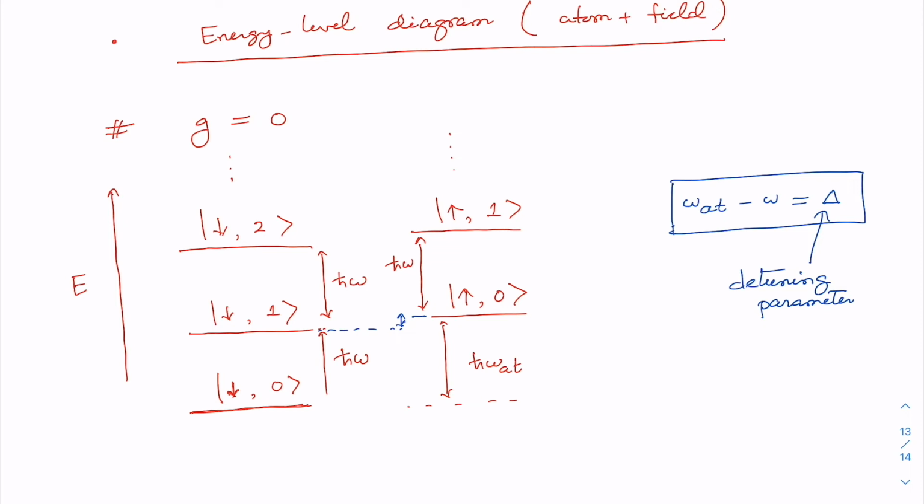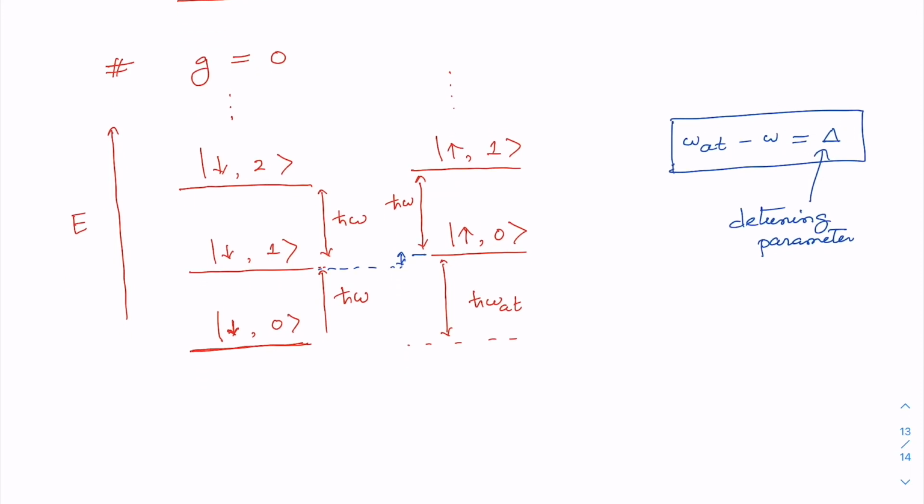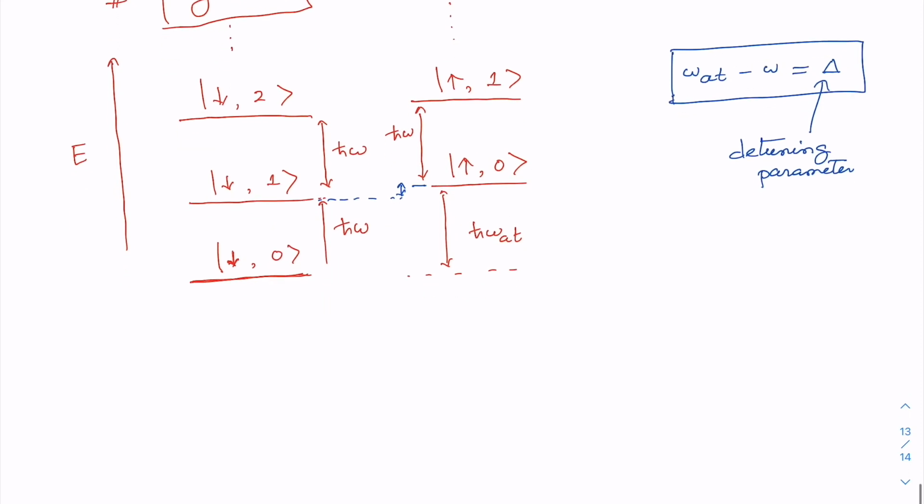Here we discussed the case when the coupling between the field and the atom is 0. Now let us switch on the coupling, so z is not equal to 0.